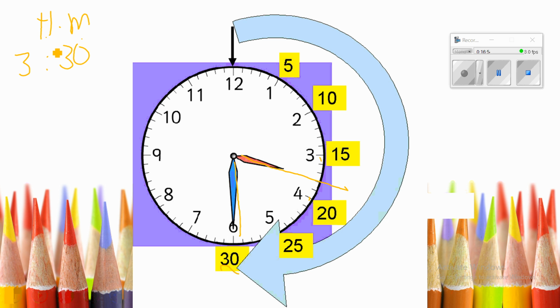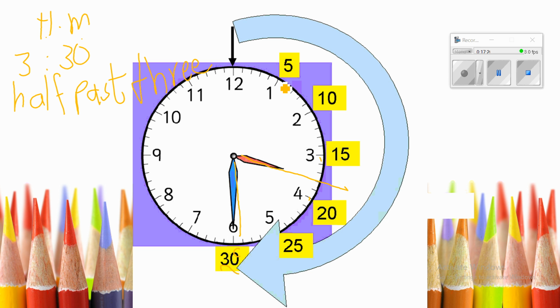The other way is writing half past, then the hour. So here is 30 because it's a half past. And with the hour, 3. Okay, so 3:30, half past 3.